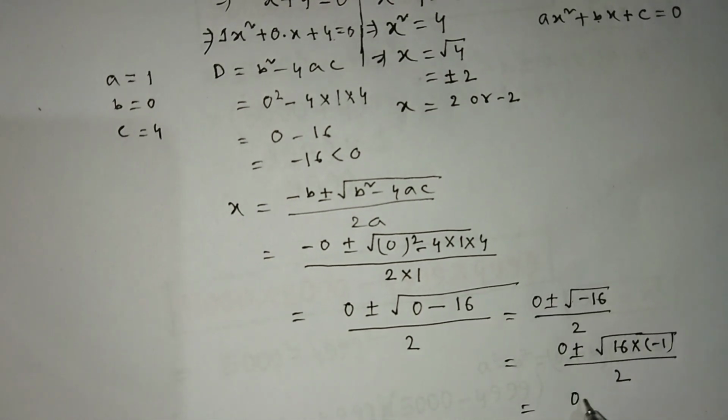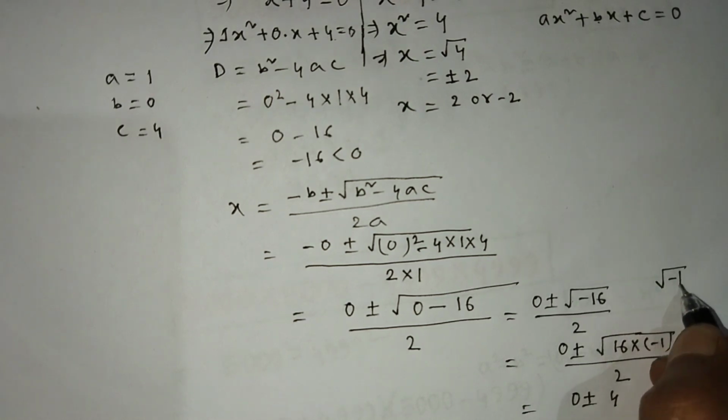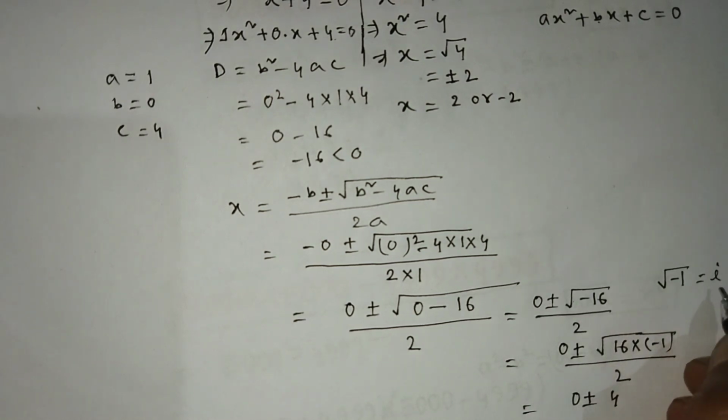So it will be 0 plus minus, so square root of 16, that is 4, we have to write here 4, but square root of minus 1, that is i, this is imaginary.